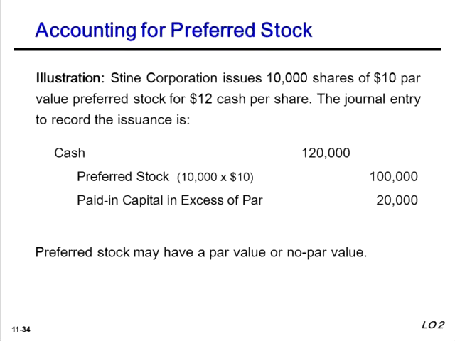So we have an example. Stein Corporation issues 10,000 shares of $10 par value preferred stock for $12 per share. The journal entry to record the issuance is: we debit cash for $120,000.